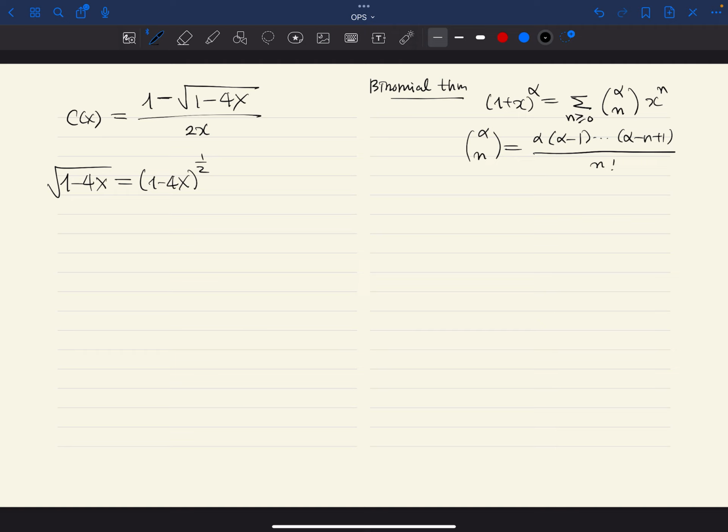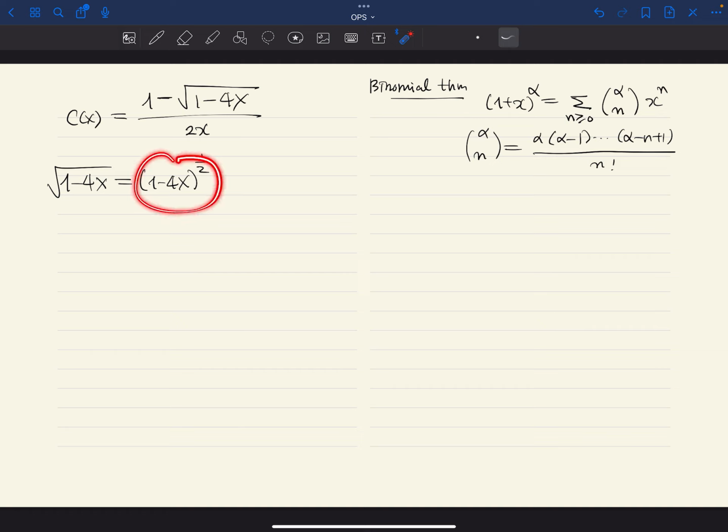This is the binomial theorem that you learn from calculus, and you can actually use it. In fact, we can make everything completely formal, and then we can prove this just formally, but I'm not gonna go into those details, but we can just borrow this theorem from calculus. So we can just be happy about that for the moment.